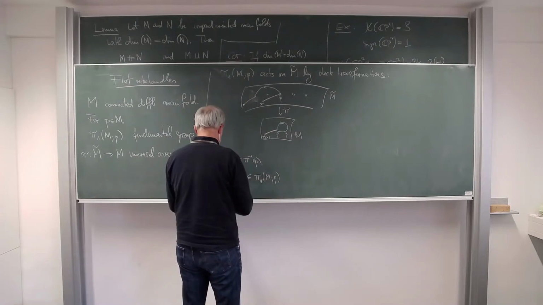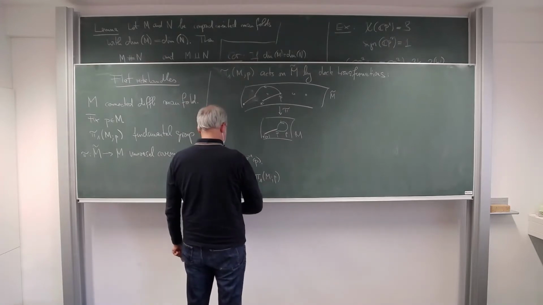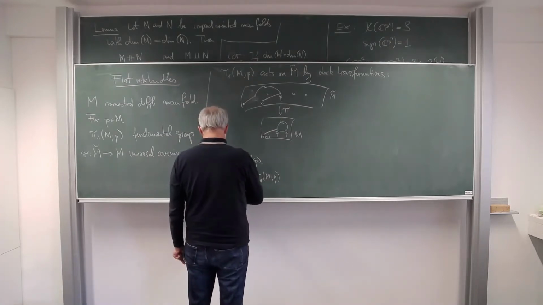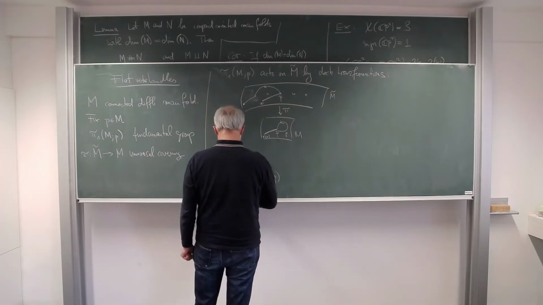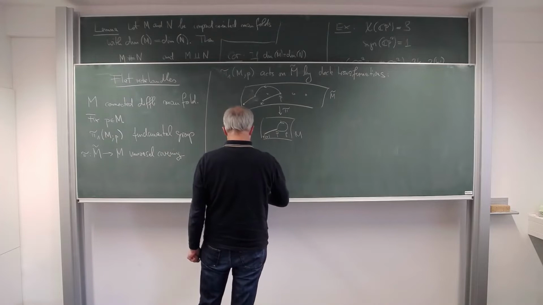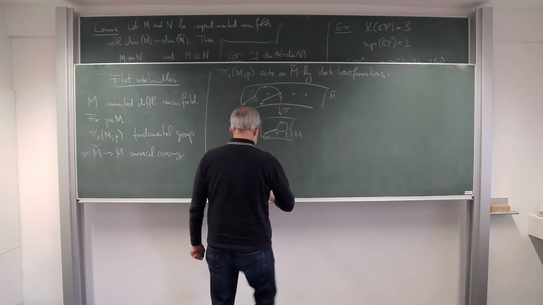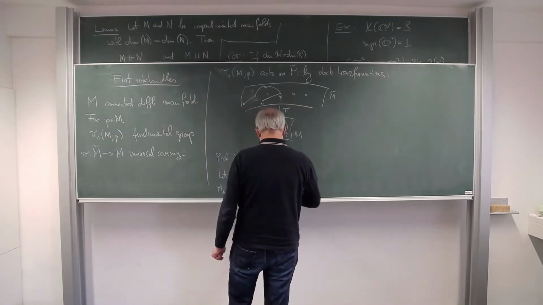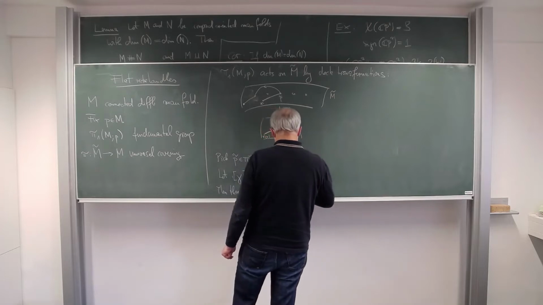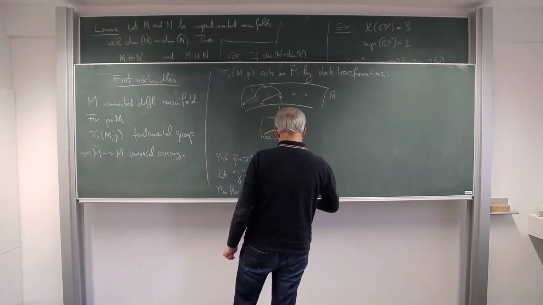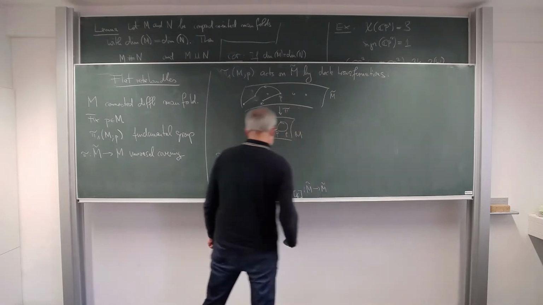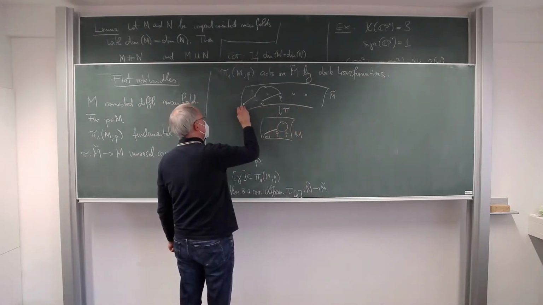So there is a corresponding diffeomorphism on the universal cover, and that's the thing that I've just described. So this is then tau gamma x.